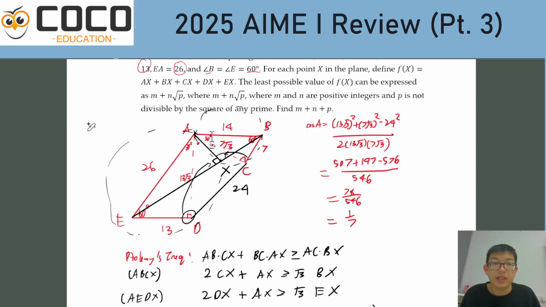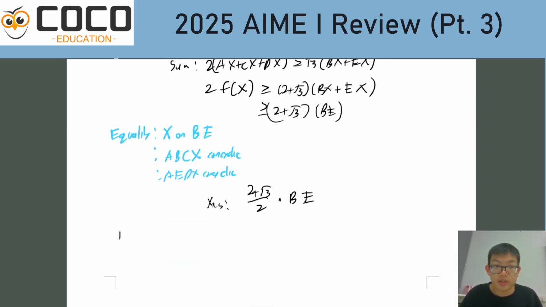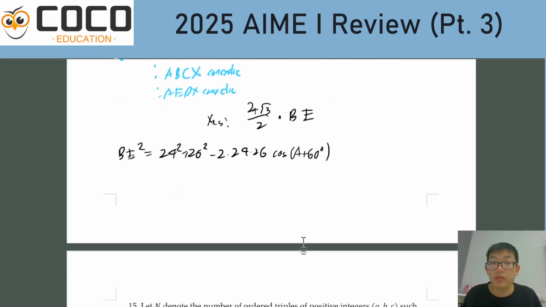So I know that I can just have BE squared, 24 squared, 26 squared, and then this is cosine of A plus 60 degrees, where the cosine of A is 1/7.